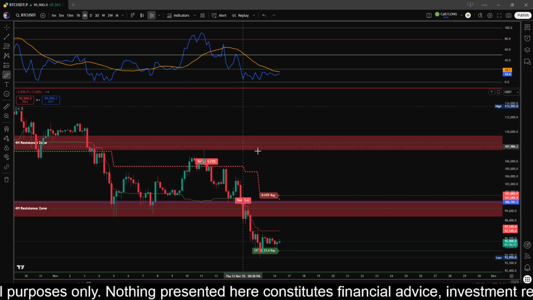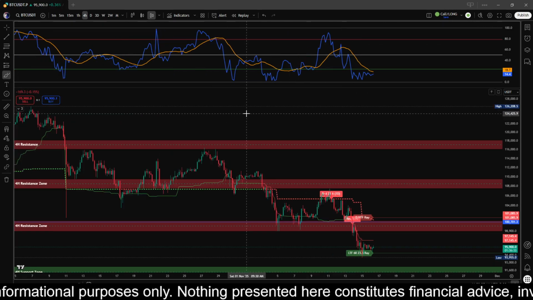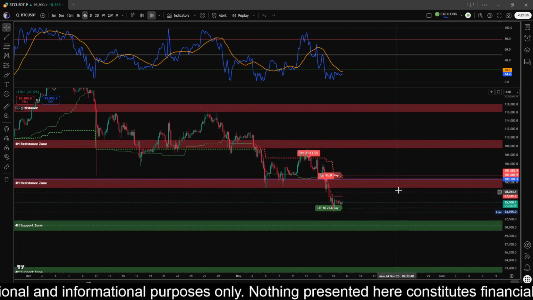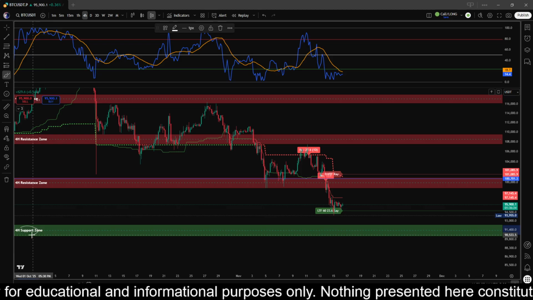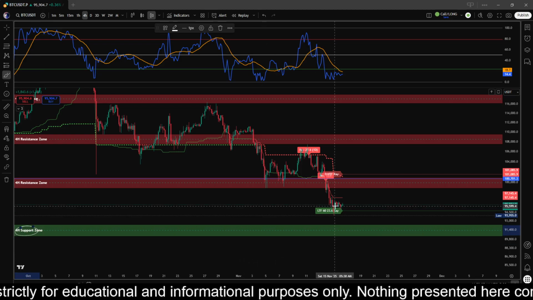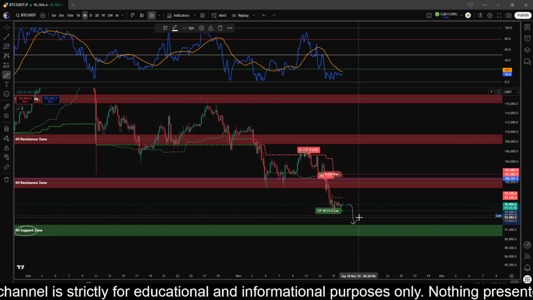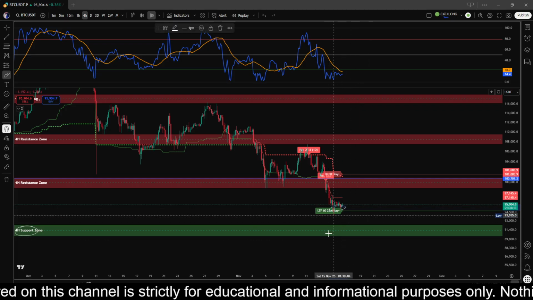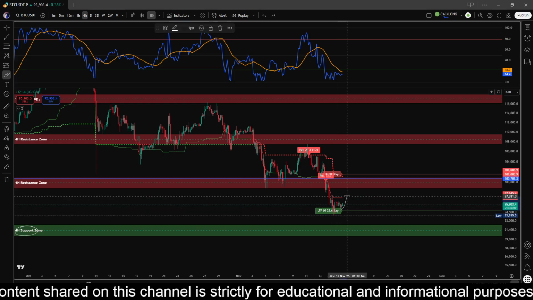So what will happen is, if I take this 4-hour time frame right now, in my analysis I have this lower level as support, this 4-hour support zone. The chances are there for it going to this level. But we can see there is some sort of activity pushing the price for an upside move.